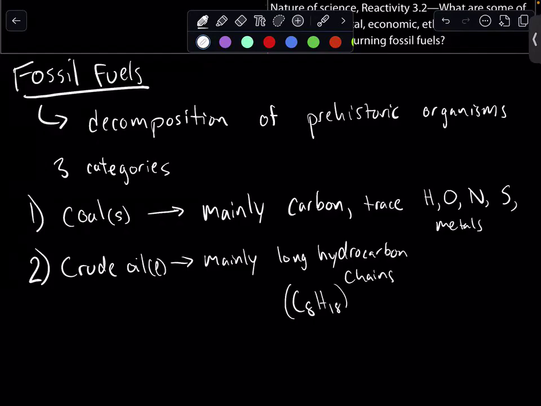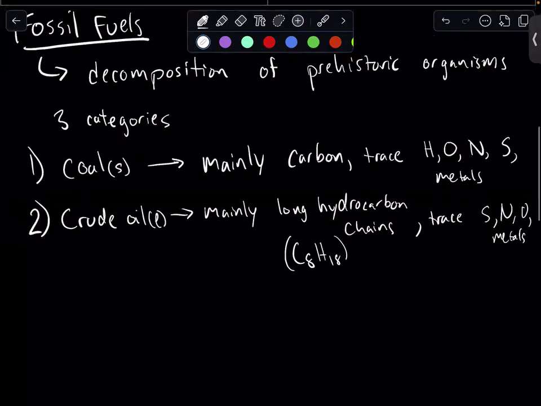These also do have trace elements. In addition to the stuff already in there, they have trace sulfur, nitrogen, oxygen, and metals as well. Hydrogen isn't trace because it's in the hydrocarbon chain.